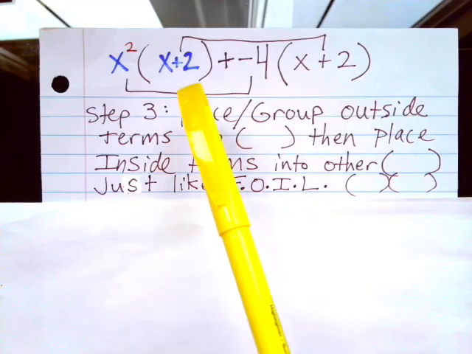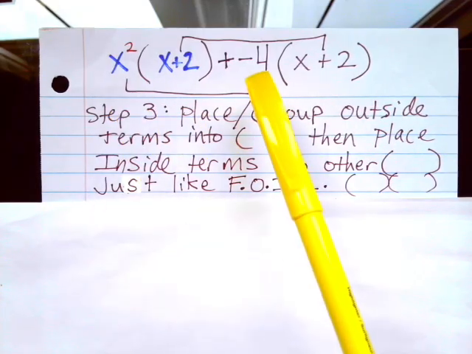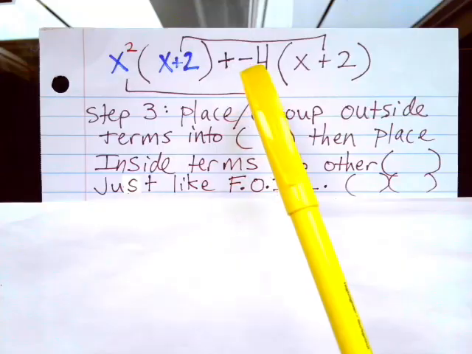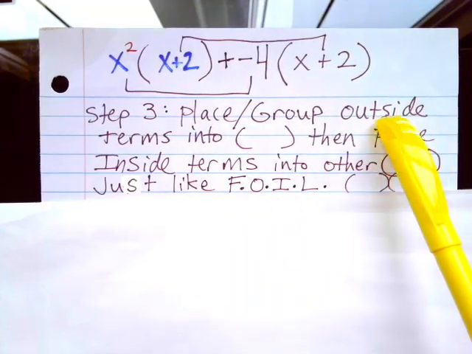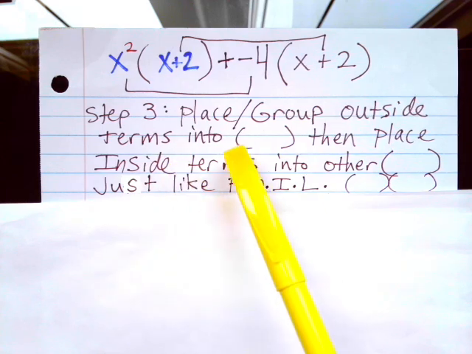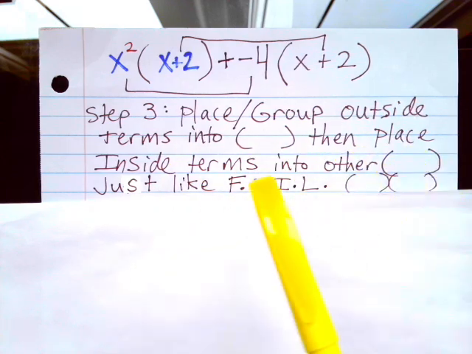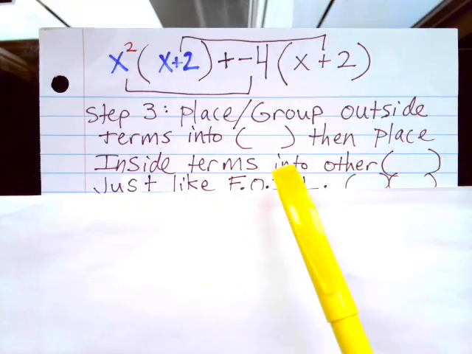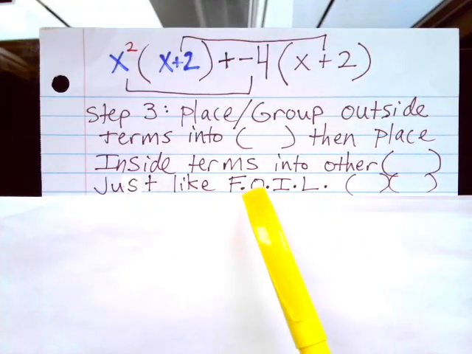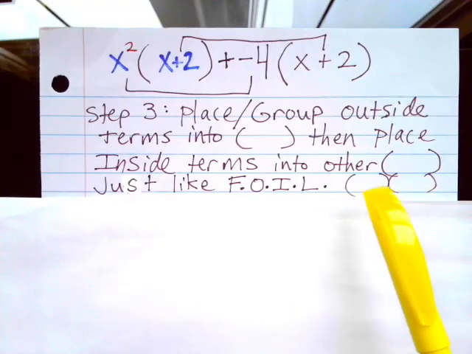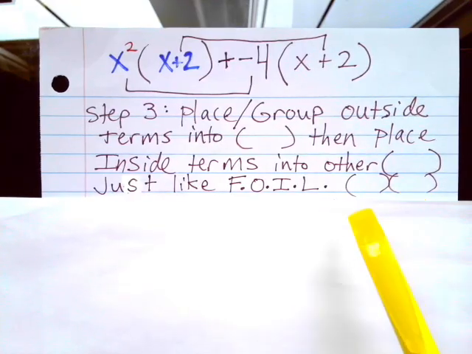You take what you factored out of those two terms earlier and put them together in parentheses. So step 3: place or group the outside terms into parentheses and then place the inside terms into another parenthesis, just like you would FOIL, having the parentheses right next to each other.